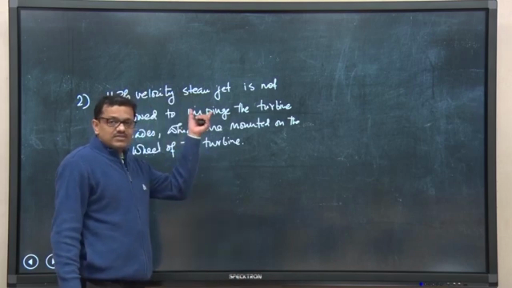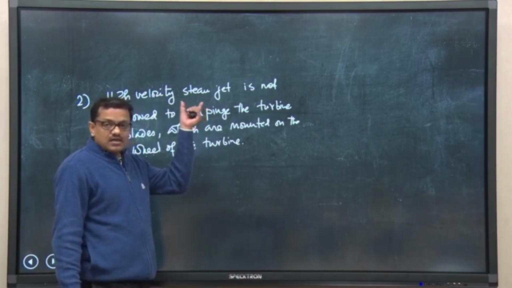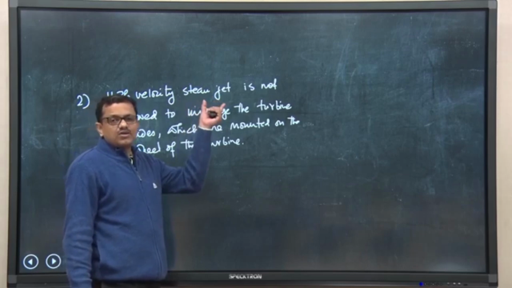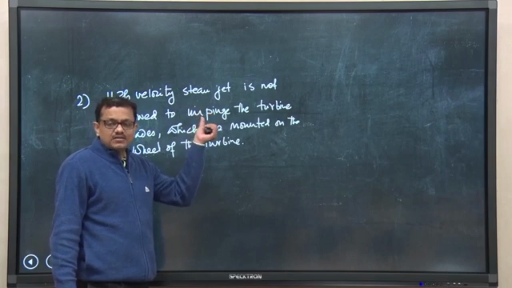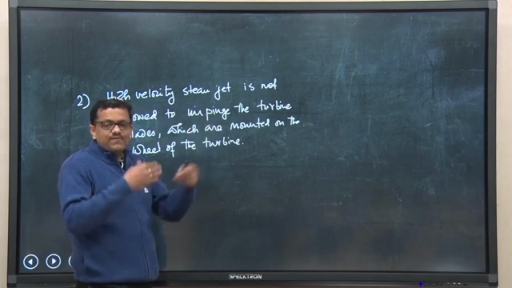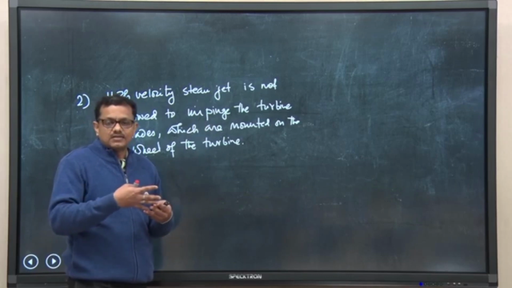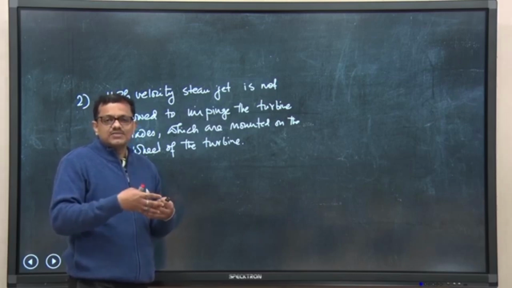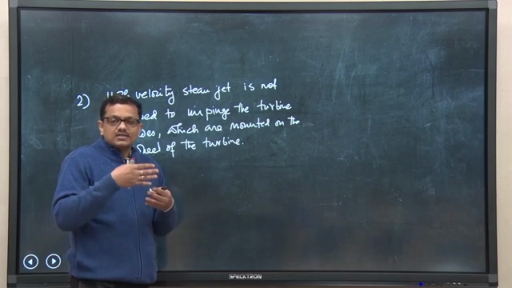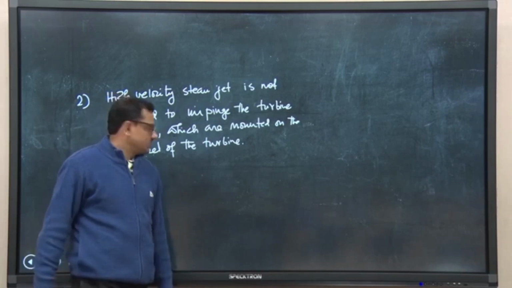So, when steam is coming out of the nozzle in the form of a jet, that jet impinges turbine blades and that jet will have deflection because of the inherent structure of the turbine blades. Now, when there is a change in direction of the steam jet, the jet will suffer a loss of momentum.